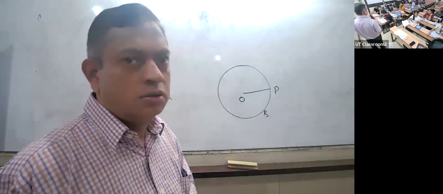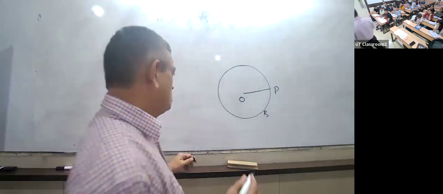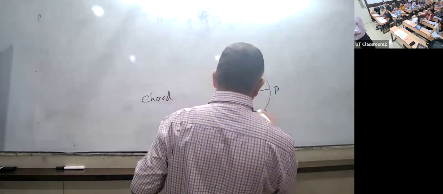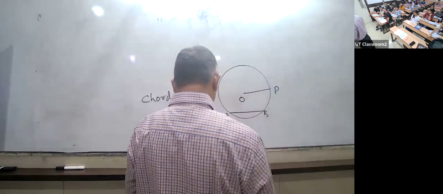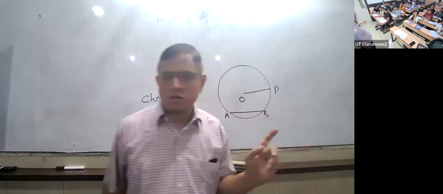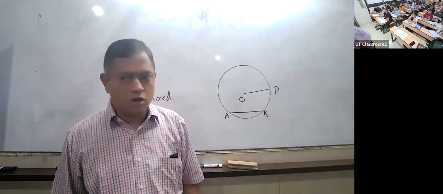Correct, it divides the circle into two parts. A little more. A chord is a line segment joining any 2 points on the circle. Is OP the chord? Radius is not the chord.